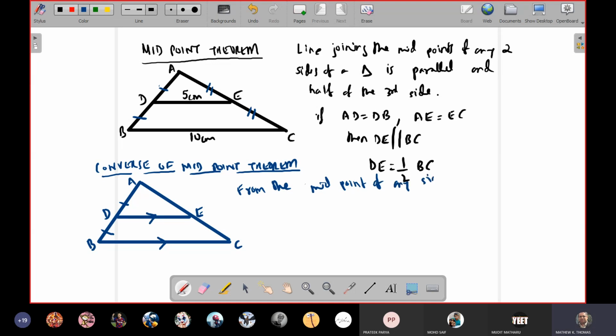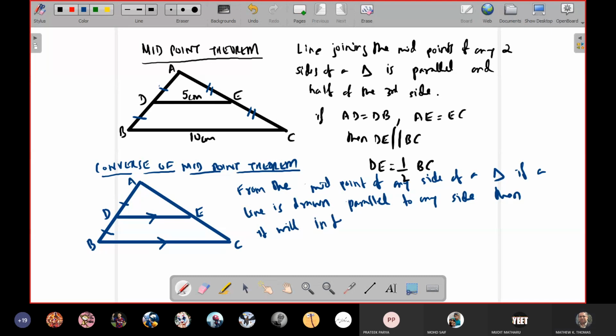From the midpoint of any side of a triangle, if a line is drawn parallel to any side, then it will intersect at the midpoint of the third side.